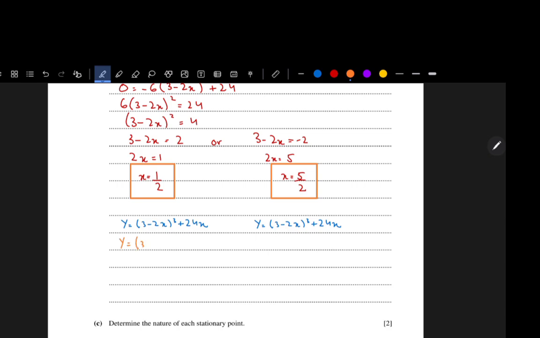This will be y equals (3 minus 2 into 1 upon 2) whole cubed plus 24 into 1 upon 2, and y equals (3 minus 2 into 5 upon 2) whole cubed plus 24 into 5 upon 2. So this will give us our y values. Let's just calculate our y values.